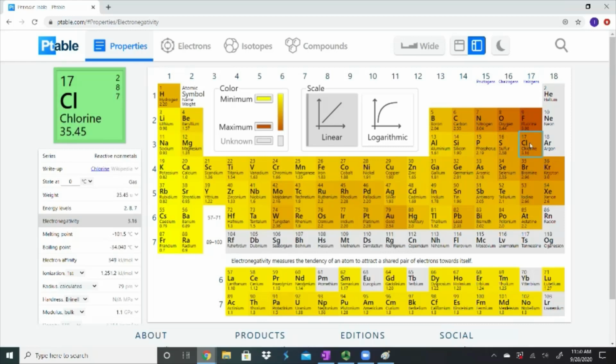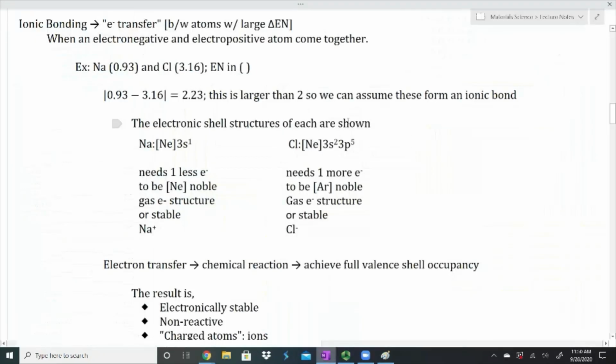So this has 7 more electrons, and we only need 1 more to get to the next noble gas electron structure. So it has 2 electrons in the 3s orbital, and in the 3p orbital, it has 5. It only needs 1 more to fill up the p orbital here. And then it can look like argon, and then it would be stable.